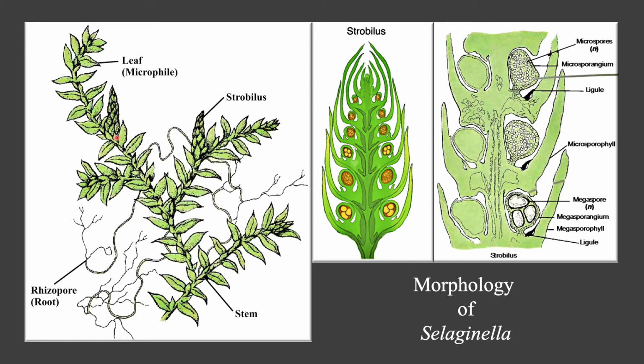The slender stem bears 4 rows of leaves: 2 rows of small leaves on the upper surface and 2 rows of large leaves on the two sides, as you can see in the slide.